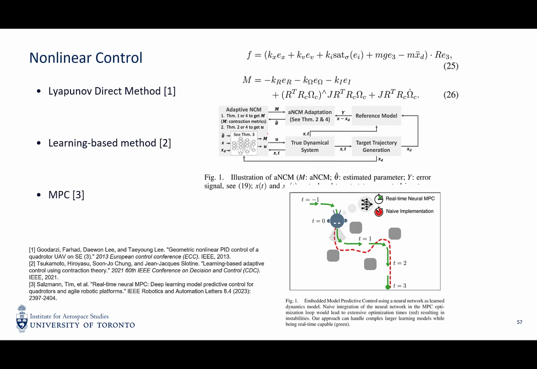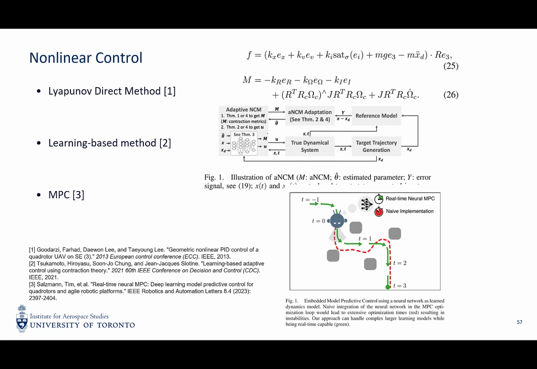But if you want to do large and agile maneuvers, you have to deal with nonlinearity in the system. For example, the attitude motion is nonlinear. If it's very close to the equilibrium, you can say it's linear, but if you do large maneuvers, it's very nonlinear. So to achieve better performance, you need to rely on some nonlinear control.